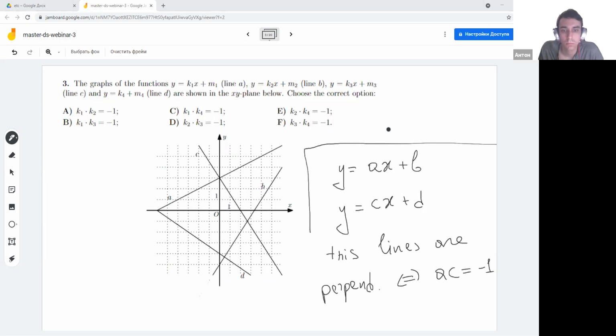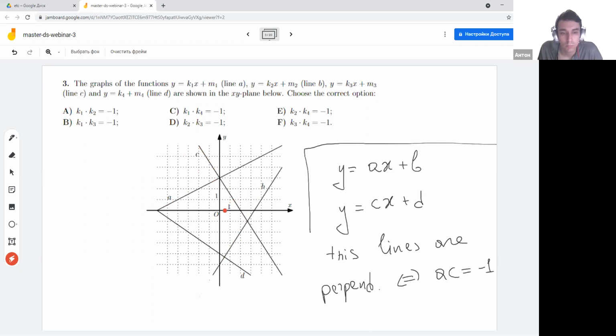So let's see, K1 refers to line A and K2 refers to line B, which are not perpendicular. Hence, this is not the correct answer. K1, again line A, K3, line C. Well, they are not perpendicular, so that's not a correct answer.